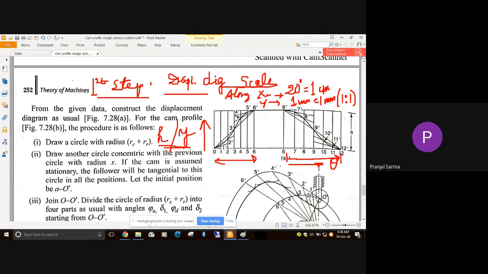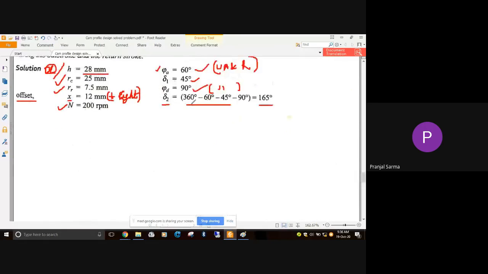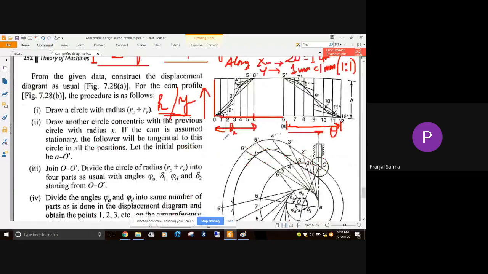You draw the x-axis and y-axis, one horizontal line and one vertical line. Then as per scale we mark the ascent stroke, descent stroke, etc. This is theta suffix a, the ascent stroke angle, which was given as 60 degree. As per scale, where do I have to locate it, and what should be the length?